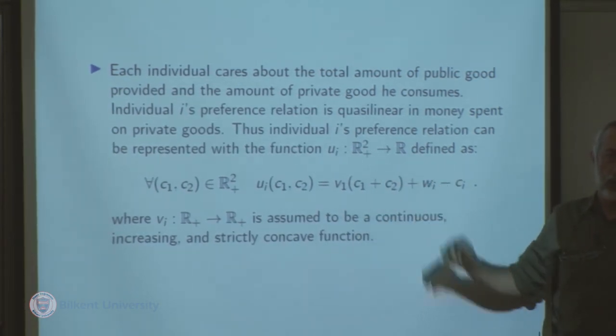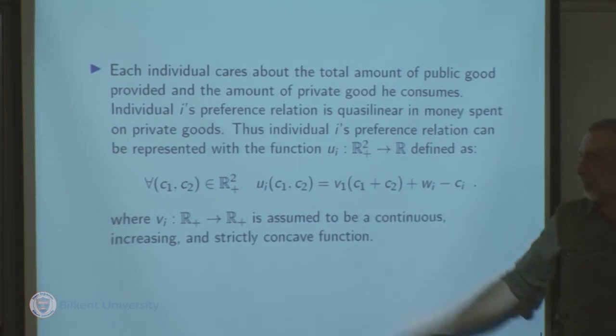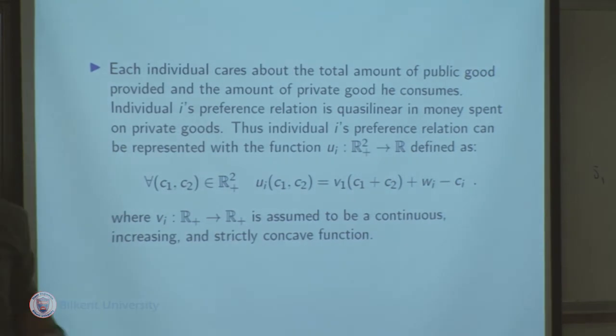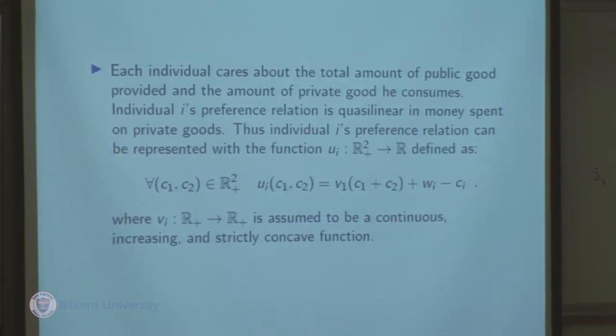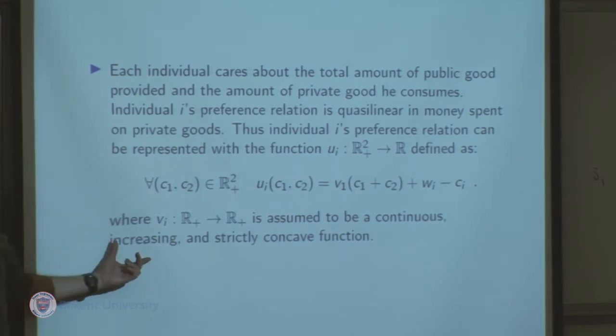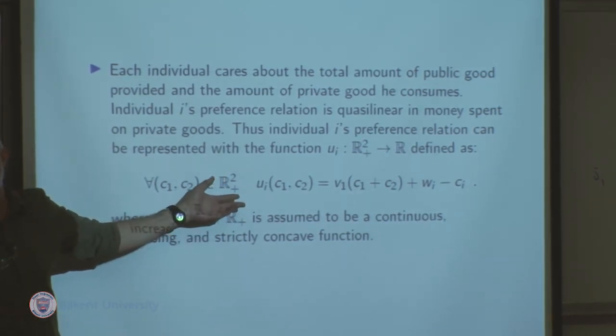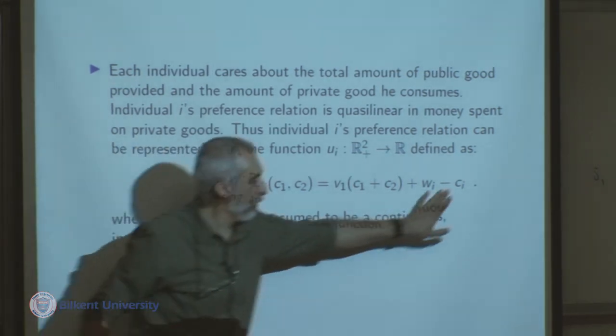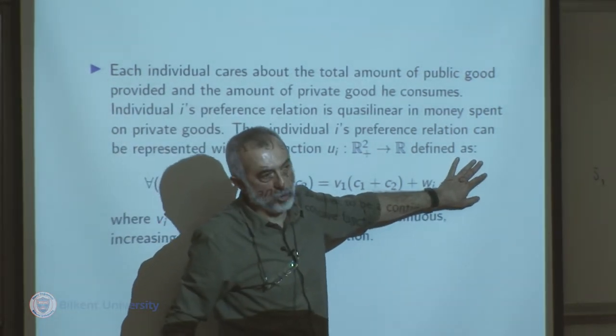Okay? Well, what we assume about this function Vi is that it's continuous. Well, we usually need continuity so that we can solve the maximization problem. Increasing, well, the more public good, the happier the agent is, as long as his private consumption doesn't change.